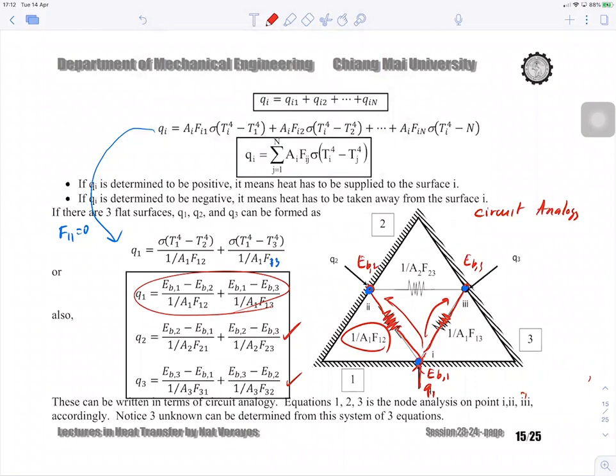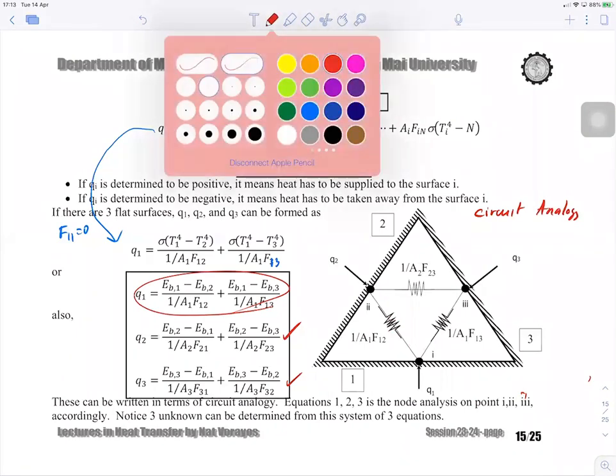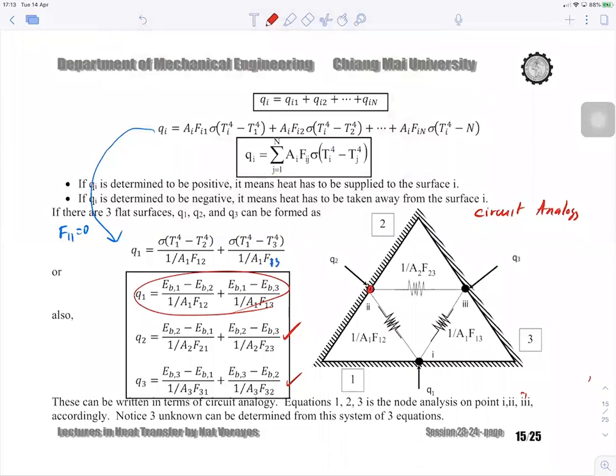If you do the nodal analysis on surface 2, how about nodal analysis on surface 2? Okay, from here, Q2. When you have a Q2 going in, it's going to spread into two parts, which is Q2 back to 3 and Q2 back to 1.